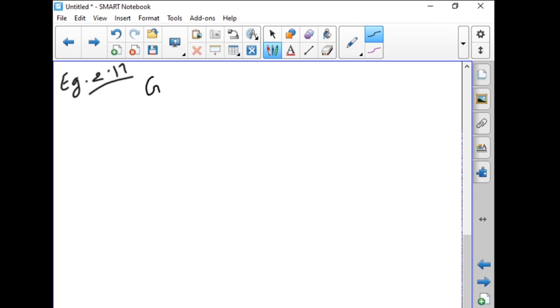So, what is given here? 2 by 5 and 1 plus root 3 are the roots or the zeros. Zeros, other name is roots.